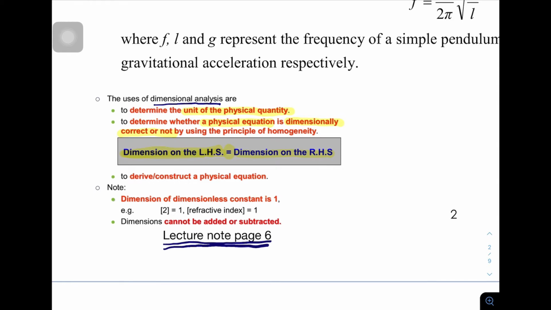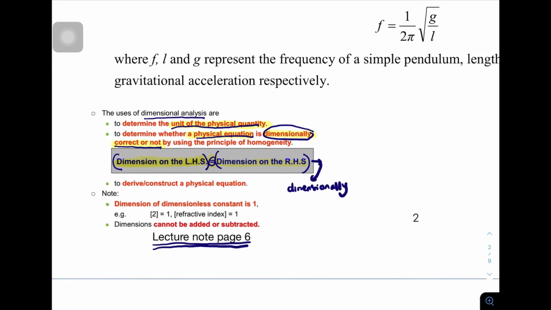You have learned that dimensional analysis can be used to determine the units of a physical quantity, and to determine whether the physical equation is dimensionally correct or not. If you have an equation and the dimension on the left hand side is equal to the dimension on the right hand side, therefore we can state that this equation is dimensionally correct.